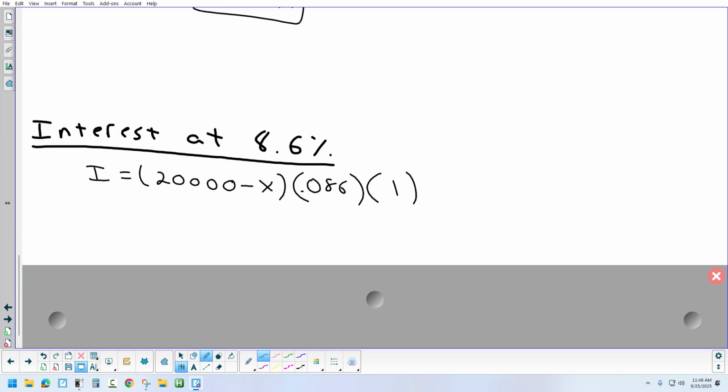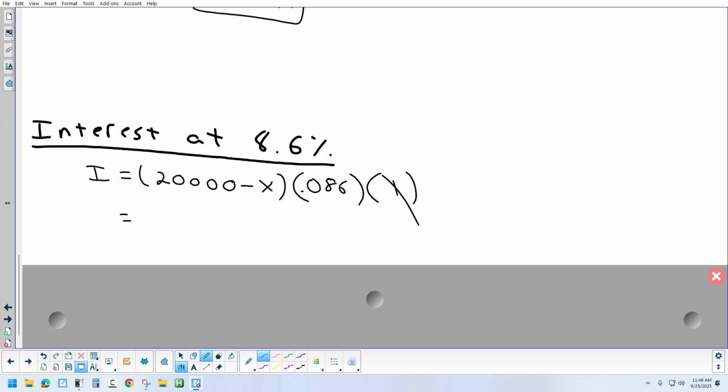Okay, so to simplify this one, what am I going to do with the 0.086? And what else? Well, the times 1, we don't really need that because it's just times 1. And negative X?